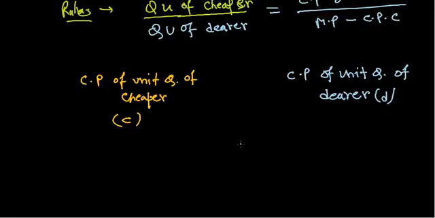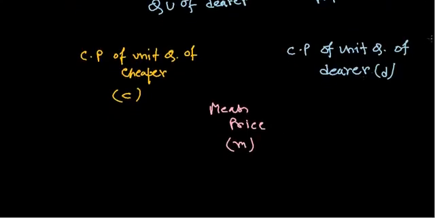Then we put the mean price in the middle. When we talk about the mean price, remember, it is not the price of the dearer one or the cheaper one, it is the price of the total mixture. So the mean price is designated as m. How can we get these values? We cross the lines like this.